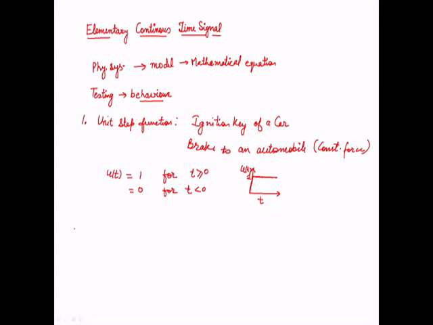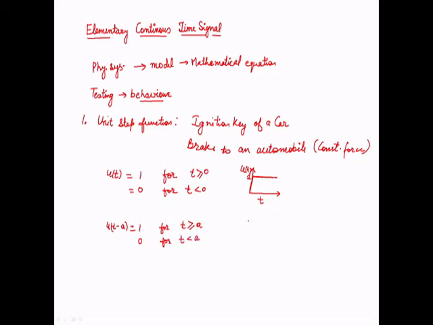And in the same way, if I'm going to represent a component of a signal u, that is a unit step, by u(t minus a), what is this? The value of the signal is 1 for t greater than and equal to a, and it is 0 for t less than a.